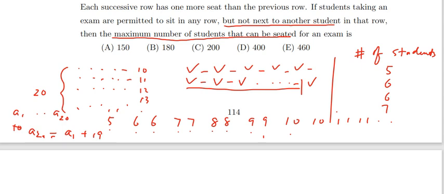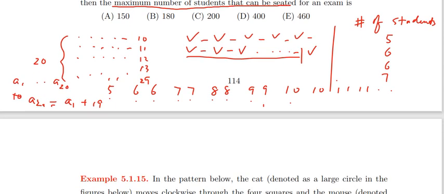So the last one should be 29. Okay. So here we can do this: we just pick the even numbers, 10, 12, and the last one is 28.